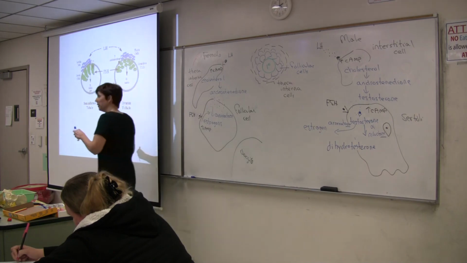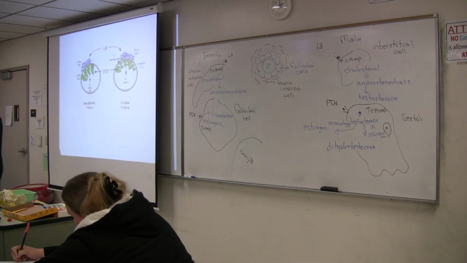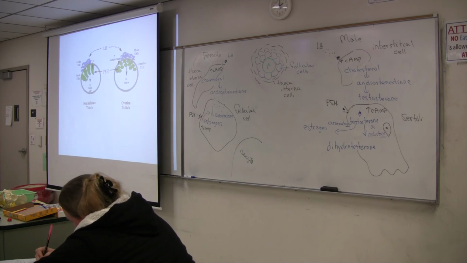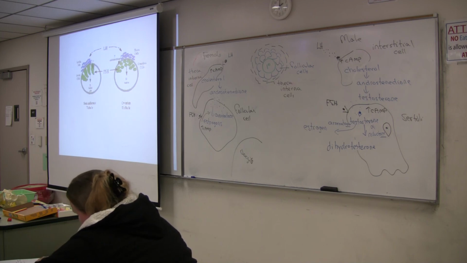So we really do maintain this homology. Even though in the male, LH is responsible for testosterone, and in the female, it's FSH that is responsible for estrogen. In fact, if we go back, we actually have those same steps. We just go a little bit further.